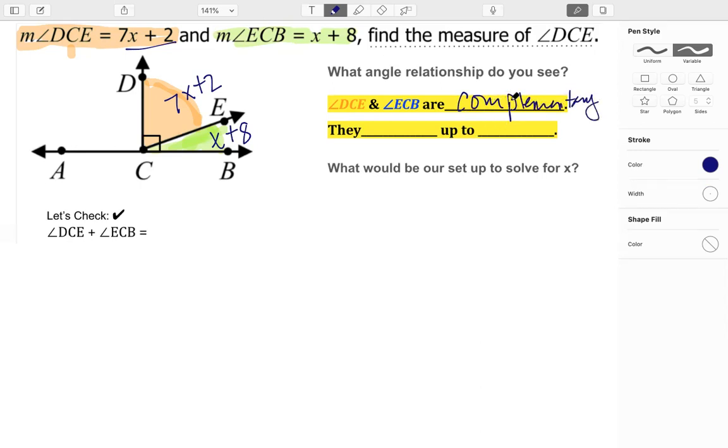Now, complementary angles, you should remember this from your vocab review, means that the sum of the two angles is equal to 90. So they sum up to 90 degrees. Being that we have all this information, we can now set up an equation to help us solve for x.